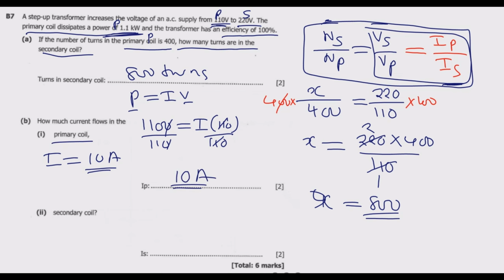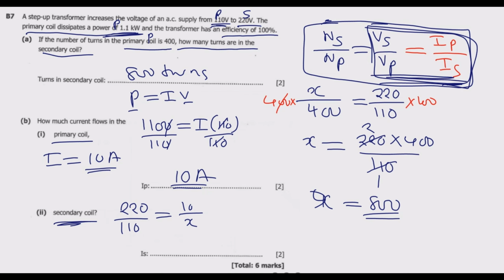So now, like I said, using this, we can find the current in the secondary coil. We know the voltage in the secondary coil is 220 over the voltage in the primary, which is 110, is equal to the current in the primary, 10 amps, divided by the current in the secondary, which is X. So we just choose this formula.